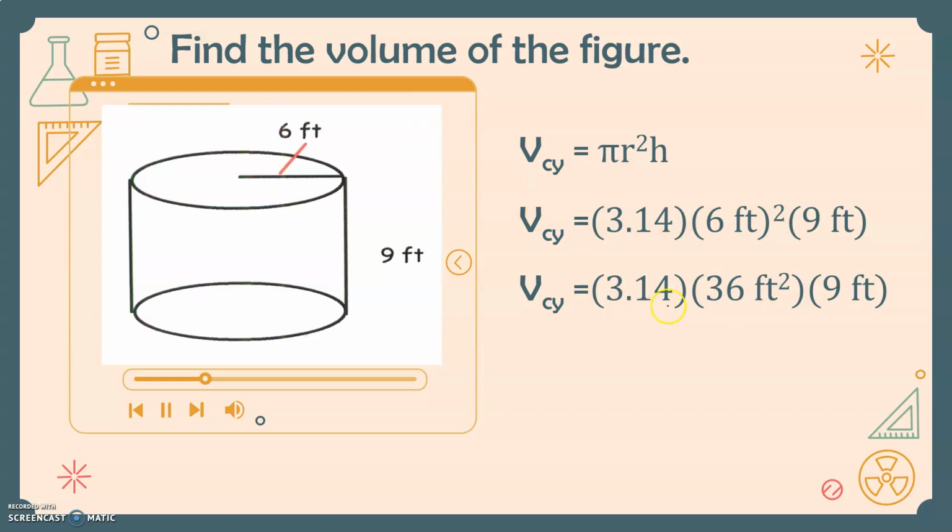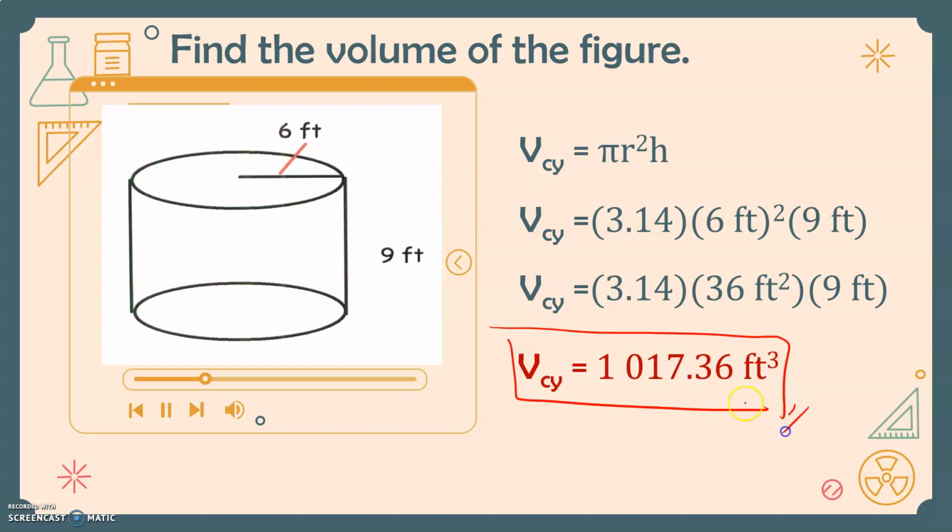Multiplying it by 3.14 and 9 feet will give us 1017.36 cubic feet, and this is now the volume of this cylinder. Again, please take note of the unit of measurement. Since we're talking about volume, this should be in cubic units.